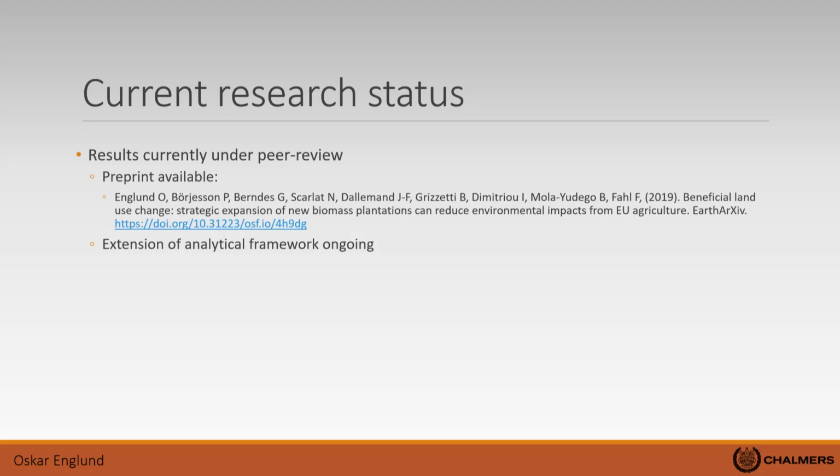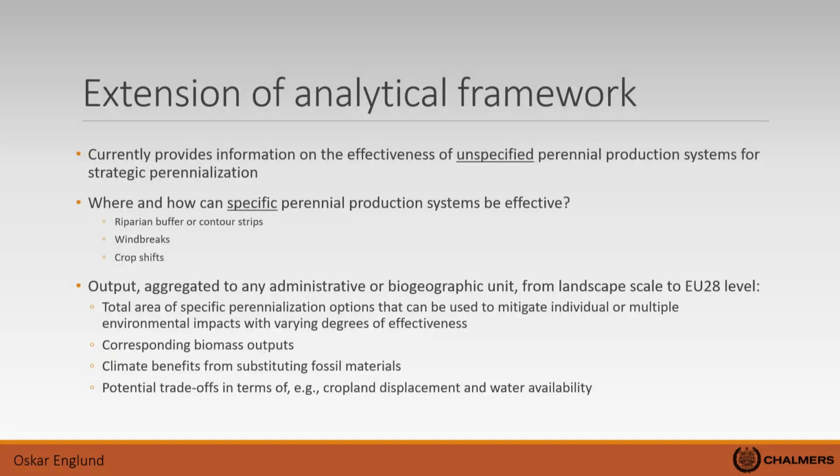We also have an extension of this analytical framework that is ongoing, because currently we can provide information on the effectiveness of unspecified perennial production systems for strategic perennialization. We are interested in knowing where and how specific types of production systems could work.